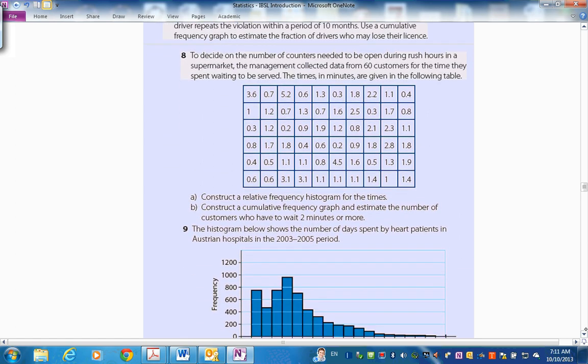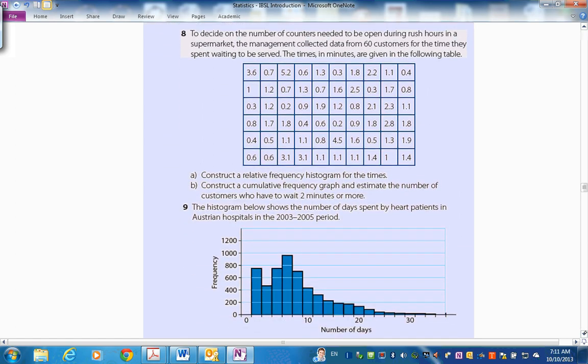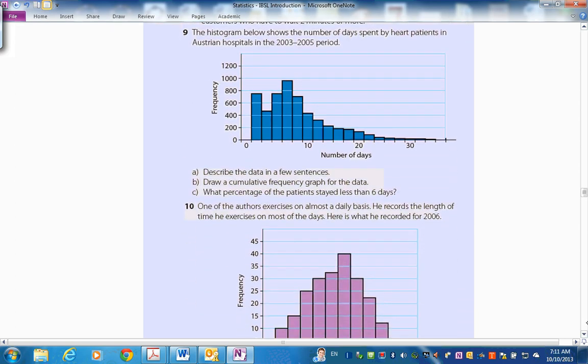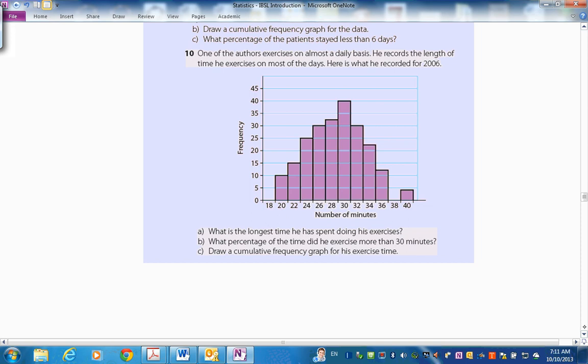Okay, here comes 8. Nine. And let's have a go at 10. There's 10, and that's all we've got for you there.